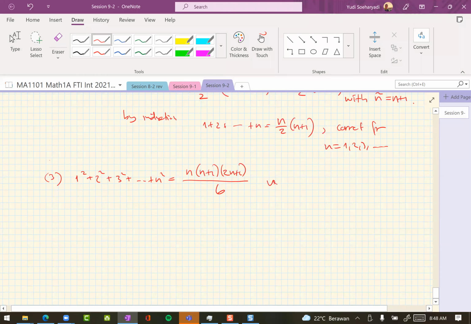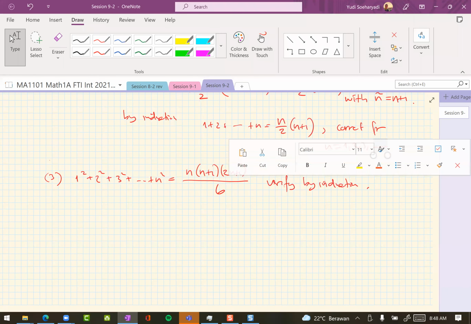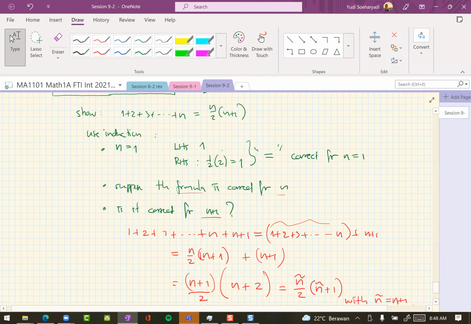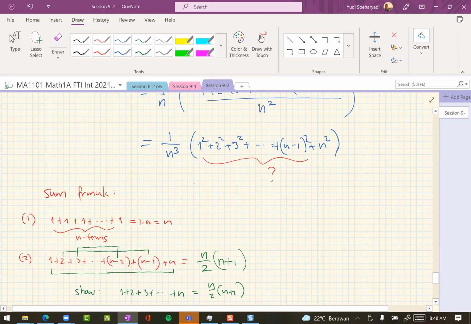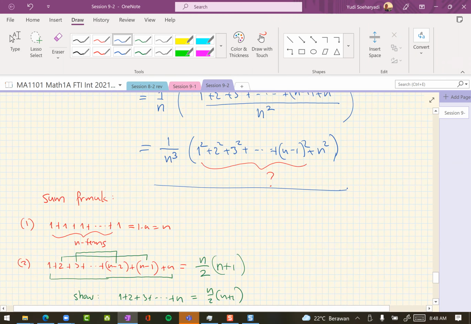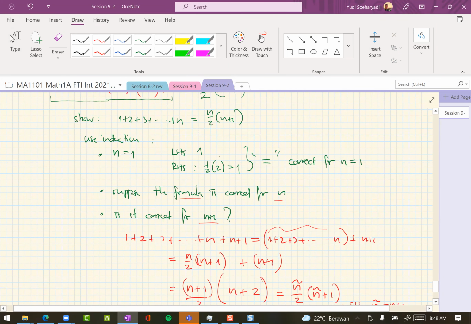You can verify using induction. Right? So with this formula, let's continue this one here.